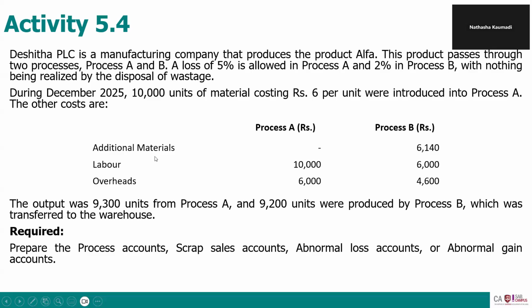Okay, now do we have any indication for scrap sales? What do you think? Just think. Do we have any indication of scrap sales? No, right? Okay, so we'll draw process A and process B.